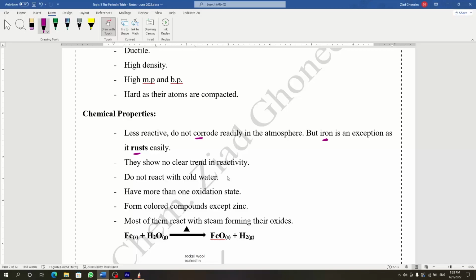They do not react with cold water, unlike alkali metals, which were reactive with cold water. They were forming the metal hydroxide, as we've mentioned before. They have more than one oxidation state, which is a very important difference. They are multivalent. For example, manganese has so many oxidation states from +1 all the way up to +7.